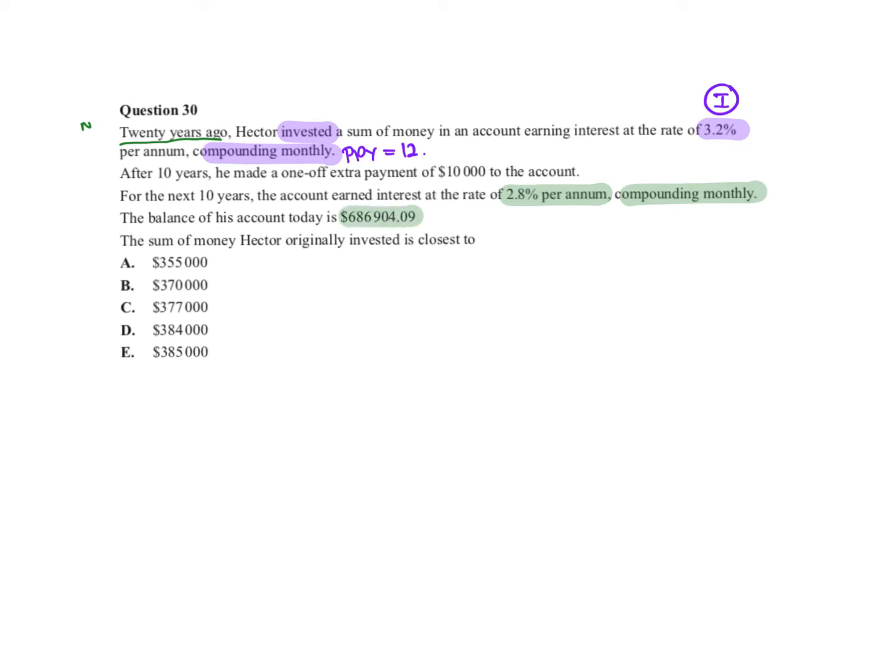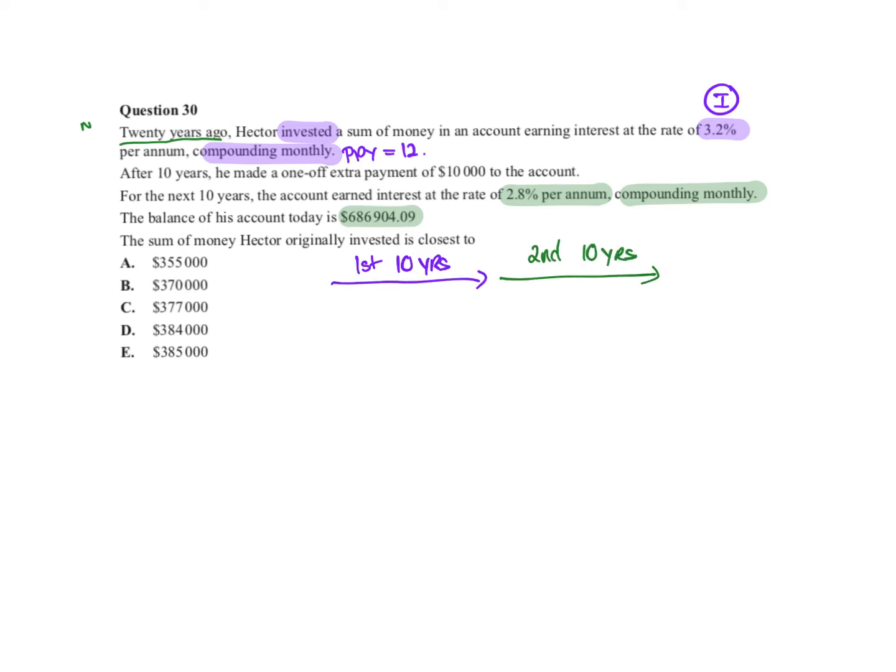Okay, the sum of money that Hector originally invested is closest to what? So what we have to do here is go backwards, because we know a few things. If you did his timeline, remember it went 10 years, so you had the first 10 years, and then I'll do it in green, the second 10 years.